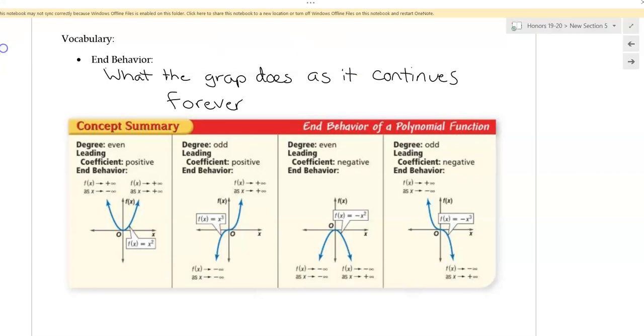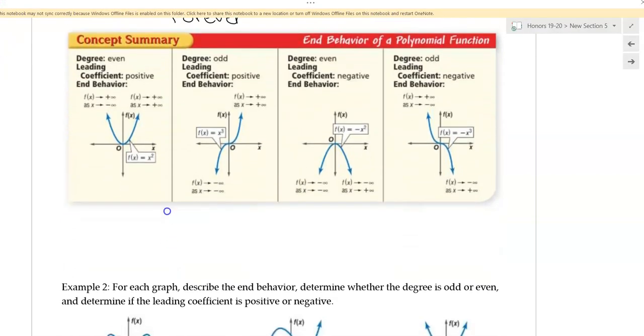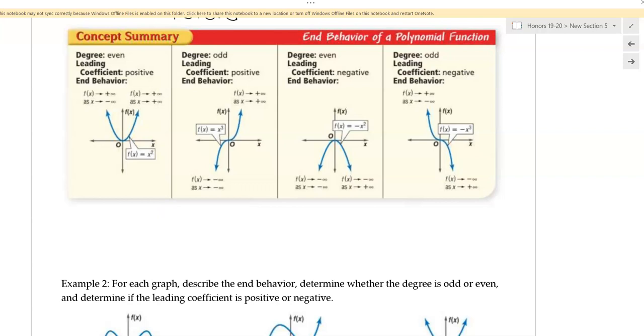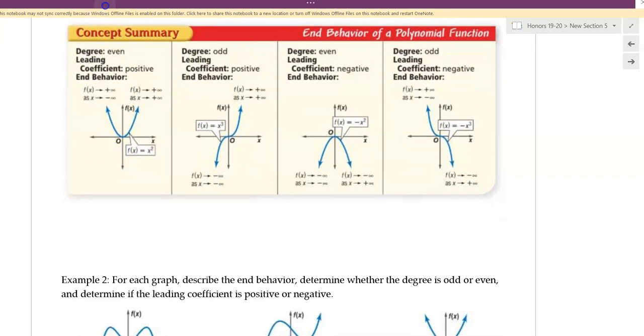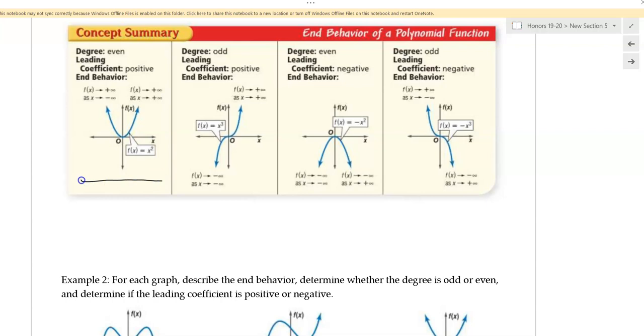Okay? And we have 4 main types of end behavior. Okay? This first one, just like a quadratic, right, a parabola, it's going up forever in both directions, right? Even if I draw like another graph, even if I put some other, I could bump around forever, right?